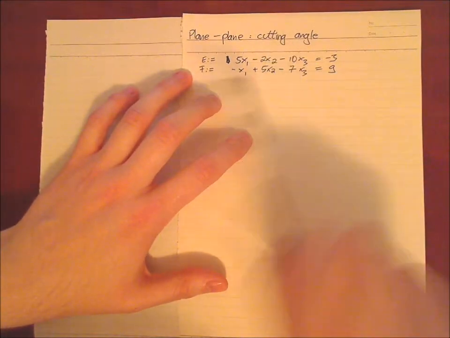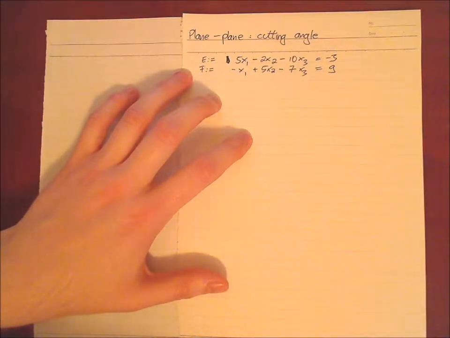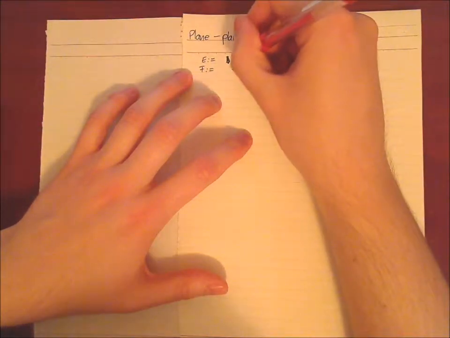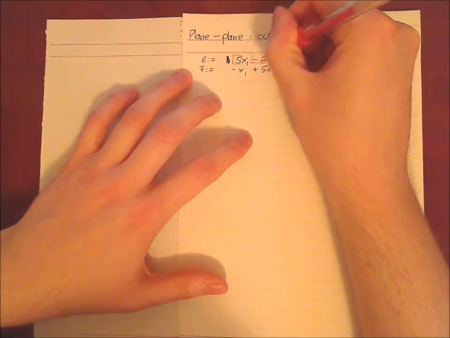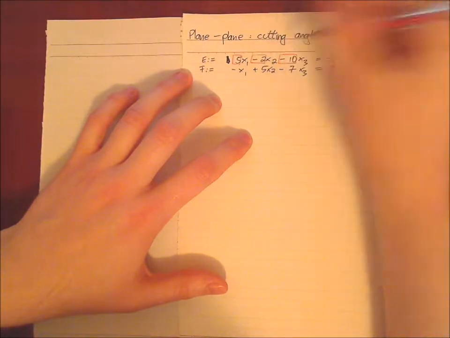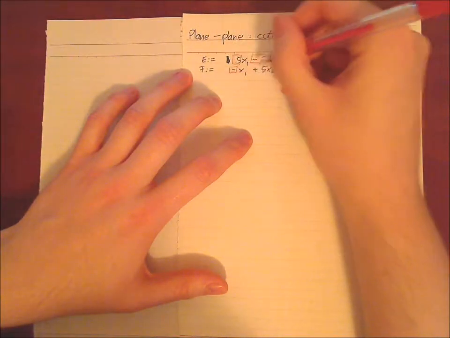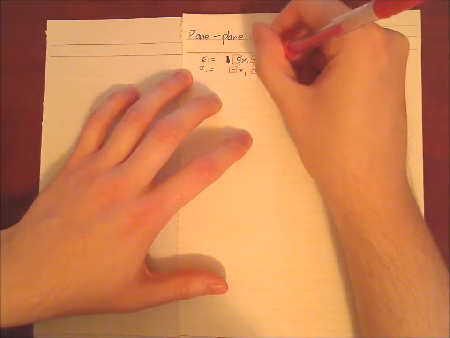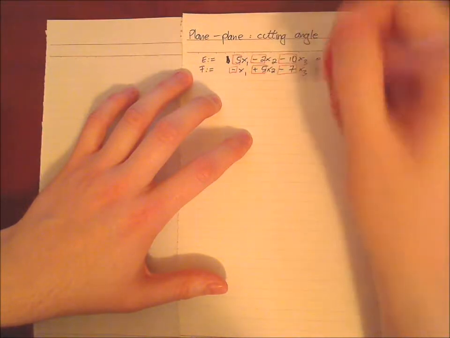Note that both planes are given in the coordinate representation, which means when I need the normal vector, I can just look at the coefficients and I have it. Same with the other plane. So it's very easy.